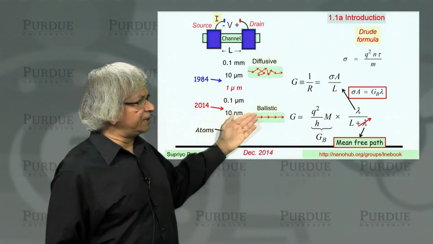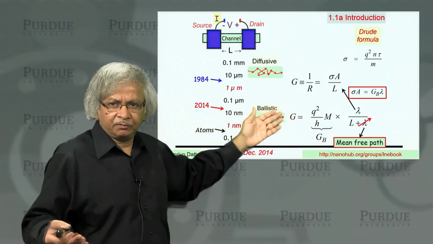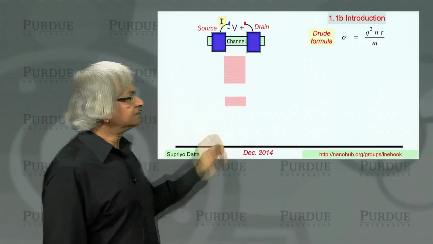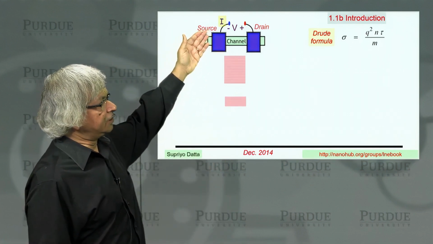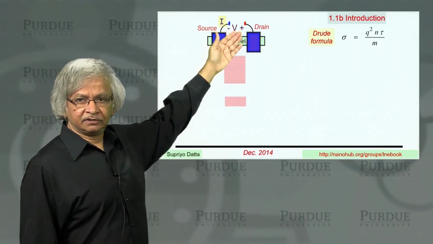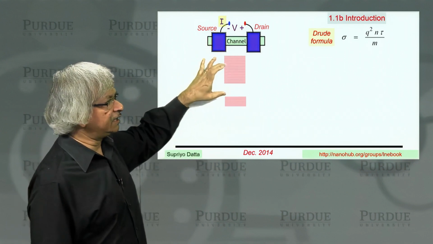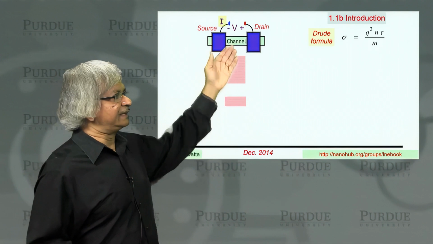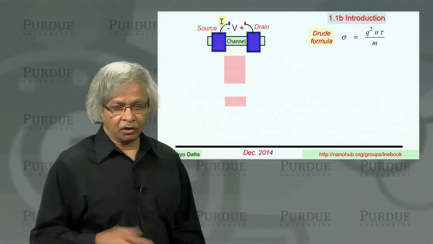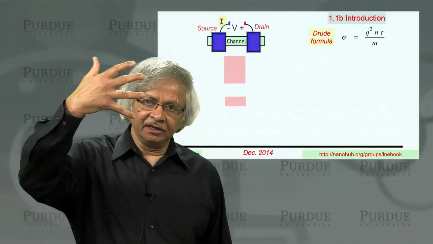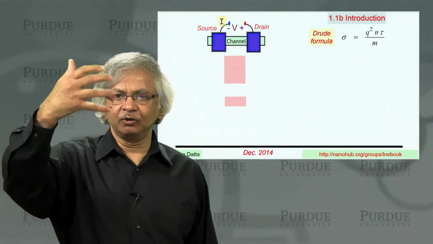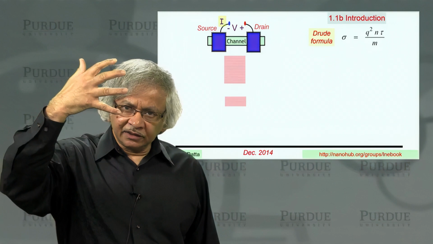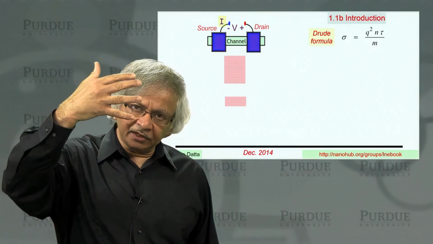So how do we obtain this result? This is what we'd be doing in this unit. Well, we start by saying that in order to understand current flow, the first thing you need is the energy levels, the availability of energy levels inside the channel. As you know, if you had a hydrogen atom, there would be discrete levels, this 1s, 2s, etc. When you get to bigger molecules, the energy levels get closer together.